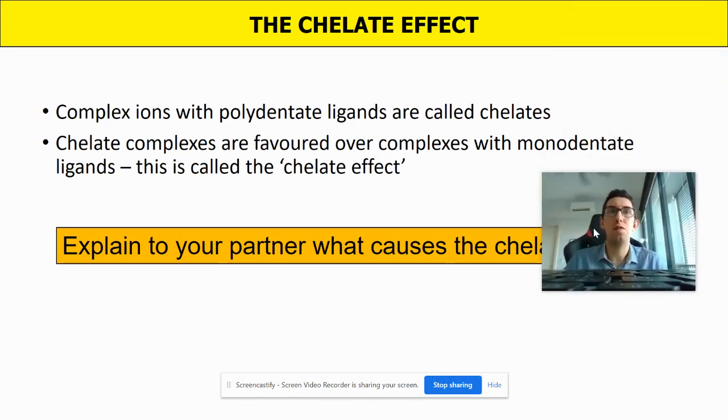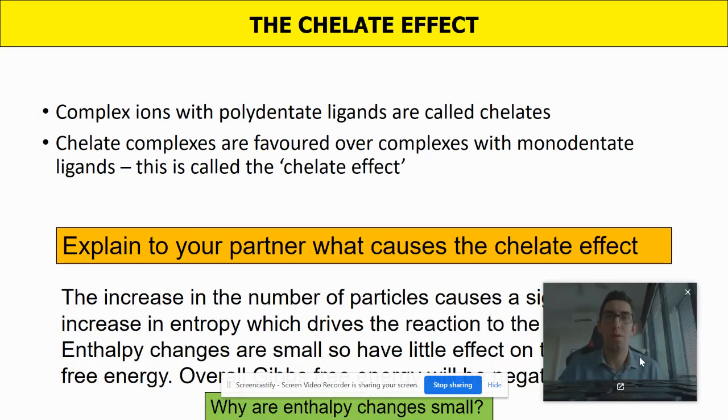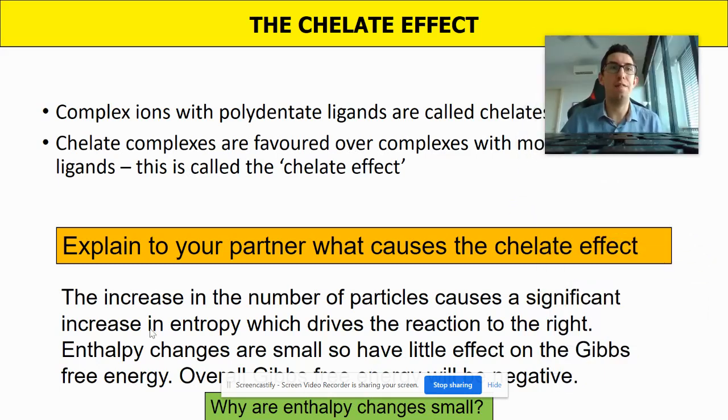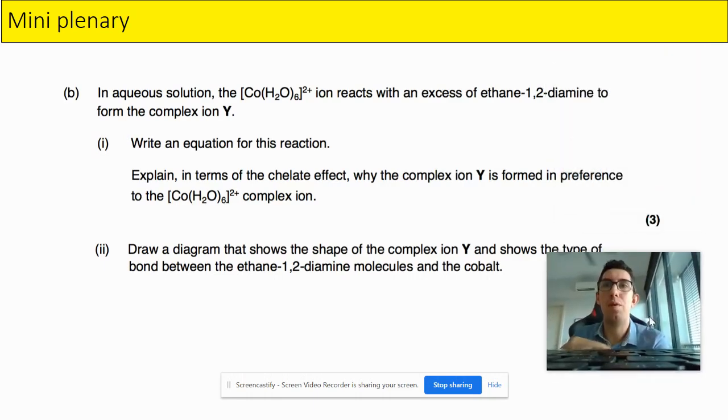Complex ions with polydentate ligands are called chelates, and chelate complexes are favored over complexes with monodentate ligands. It's the chelate effect. So what is the chelate effect? The increase in number of particles causes, as we just said, a significant increase in entropy.